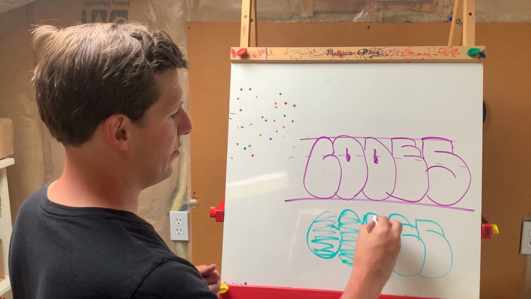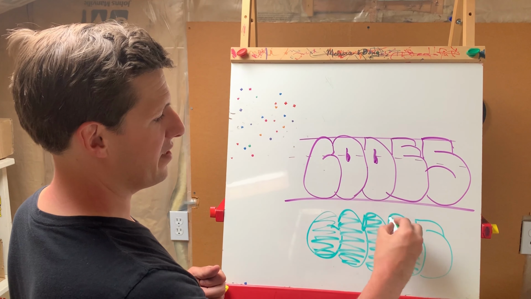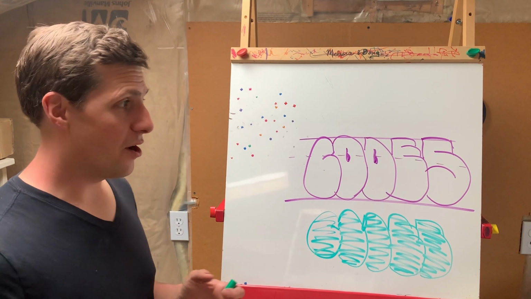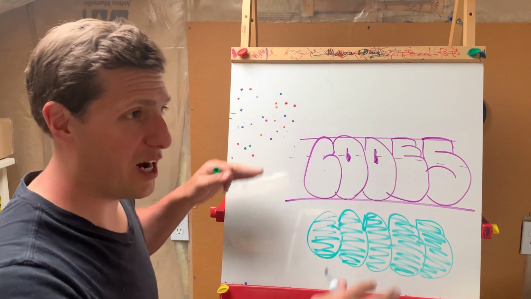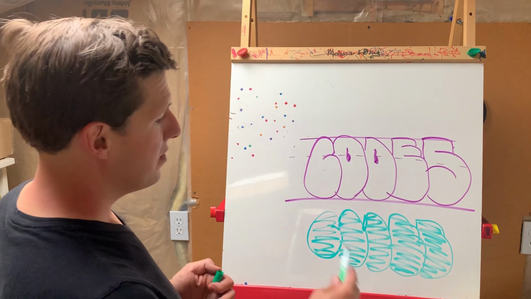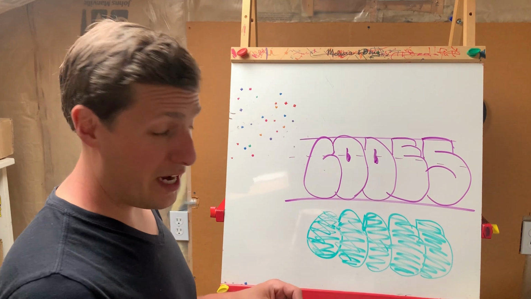Now I say fast as possible because bubble letters are mostly seen as throw-ups, if you will. Throw-ups, what I've found, are things where you want to throw up some paint as fast as possible so you're not caught doing something probably illegal. So you quickly get your outline, and then you throw in all the filler paint.